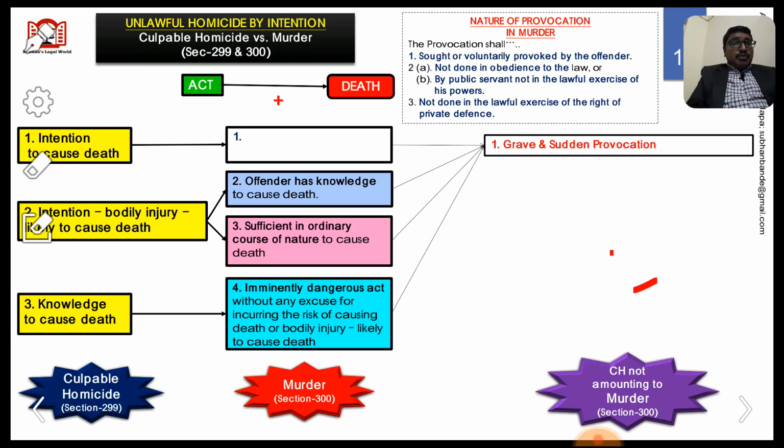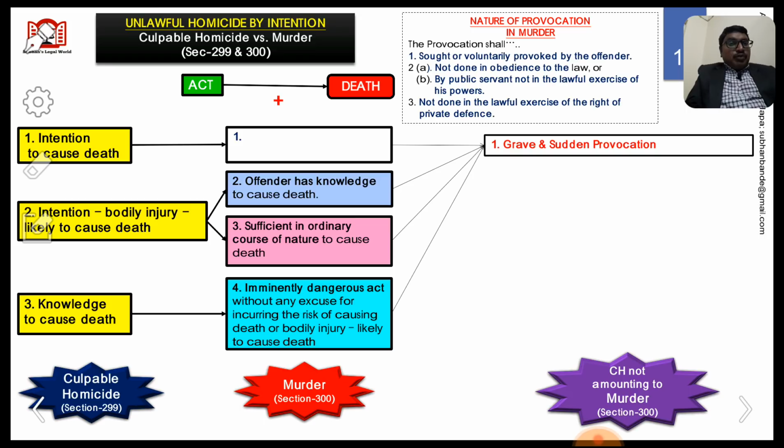If such provocation was given in obedience to the law, it becomes culpable homicide not amounting to murder. The grave and sudden provocation shall not be by a public servant in the lawful exercise of his powers; if it is, it becomes culpable homicide not amounting to murder.